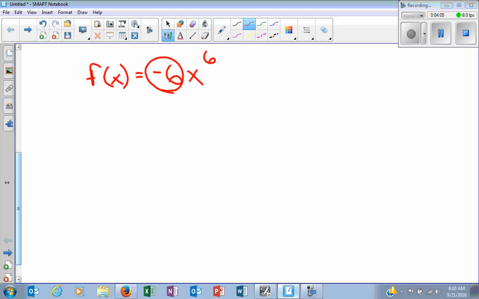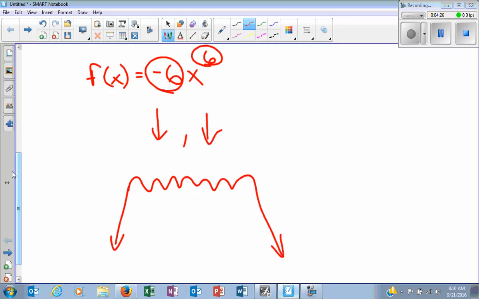A is negative. My N is what? So which part of my chart am I going to be on? The bottom right. And notice the end behavior is what? Down, down. So I know it's going to start down. It's going to do something in the middle, but end down.